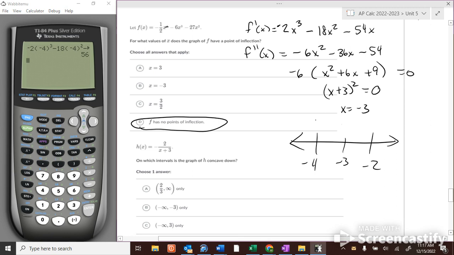Enter. That's a positive 56. And then if we put in -2, we're just going to take that same equation, highlight it, hit enter, and change my 4s to 2s.